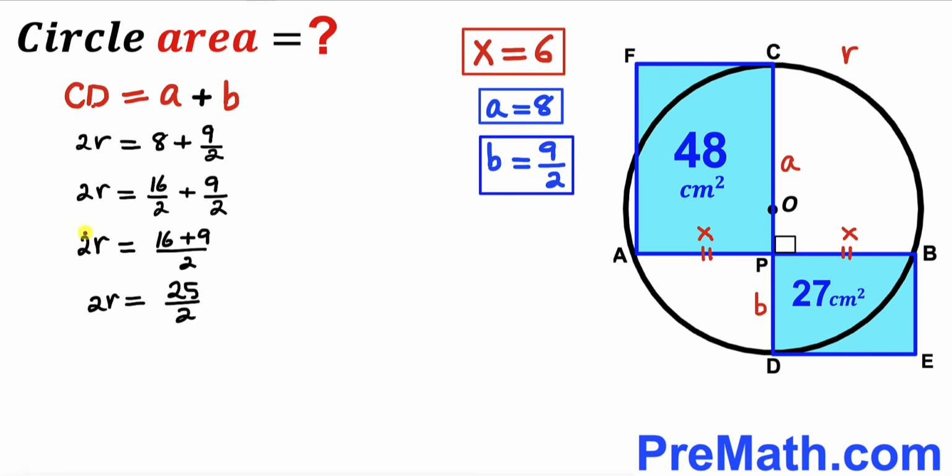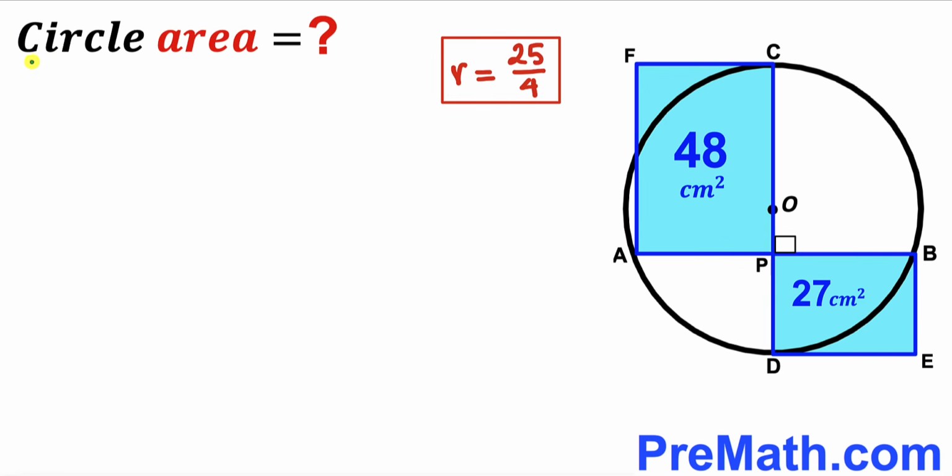And now I am going to multiply both sides by 1 divided by 2 on the left hand side and 1 divided by 2 on the right hand side as well to solve for radius r. And here we can see 2 and 1 divided by 2 are gone. So therefore our radius lowercase r value is going to be equal to 25 divided by 4 centimeter.